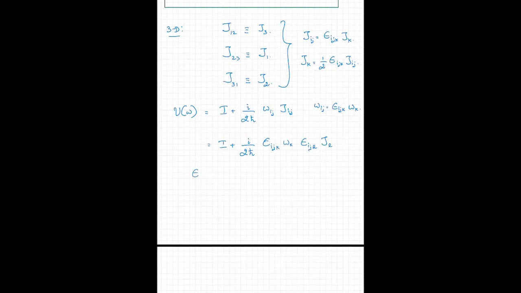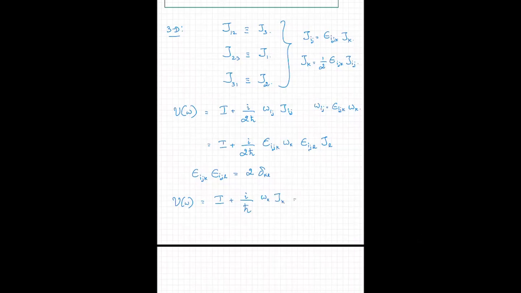But you can use the fact that epsilon_ijk times epsilon_ijl is nothing but 2 delta_kl in 3 dimensions. So U of omega can be written as I plus i over h bar, because the 2 in the bottom cancels the 2 up here, which was the reason for choosing i over 2 h bar initially, omega_k J_k.